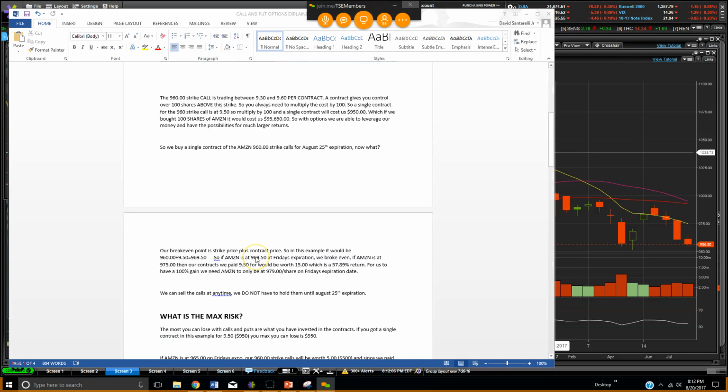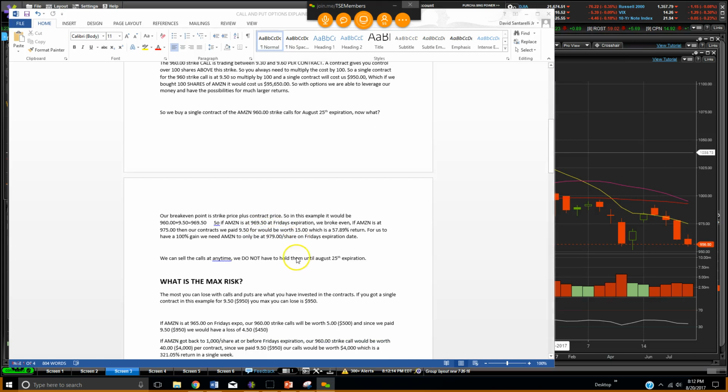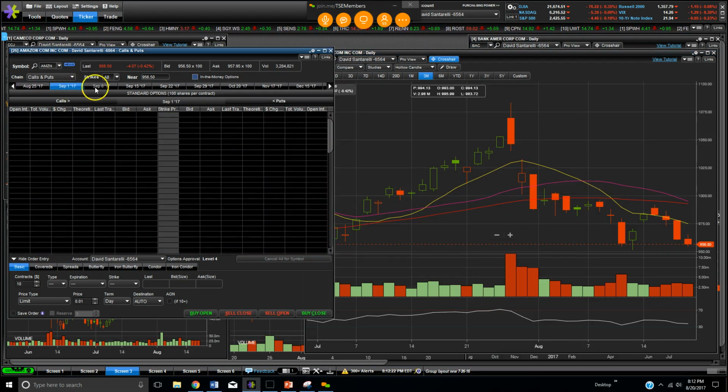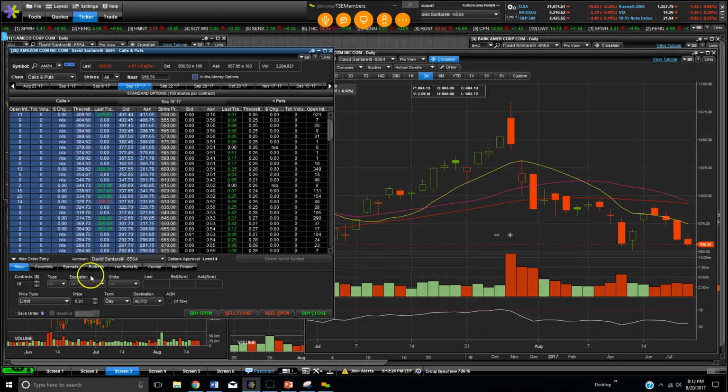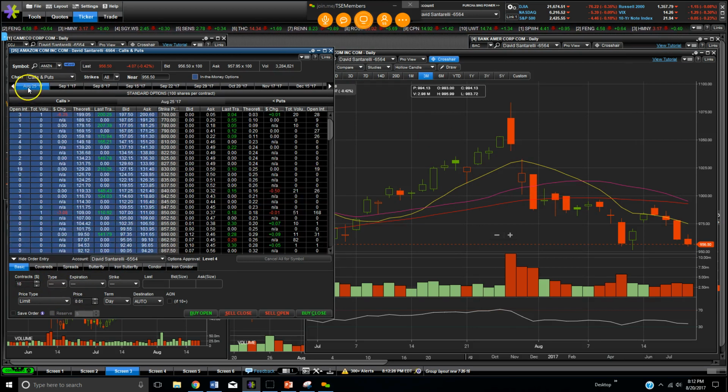So that's going to be about an 80% return. So like I said, $979, 100% return. Nice thing about trading options, we can sell the options at any time. Just because we go here and pick any expiration date we want, as long as you own a regular call or a put, you can sell that at any time.